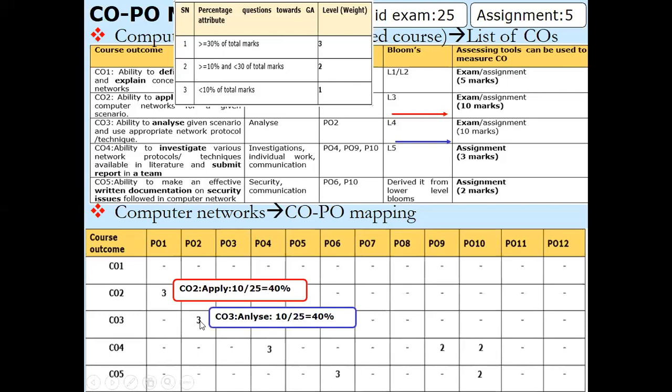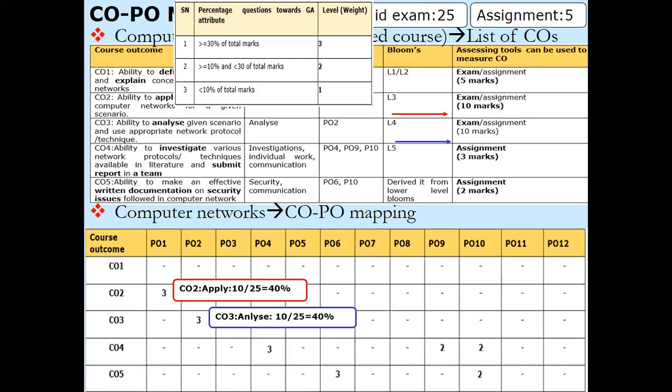Now, with respect to CO4, it is mapped to PO4, PO9, PO10, and it is allocated 3 marks. It is a group-based activity. You give a research problem to a group of students.